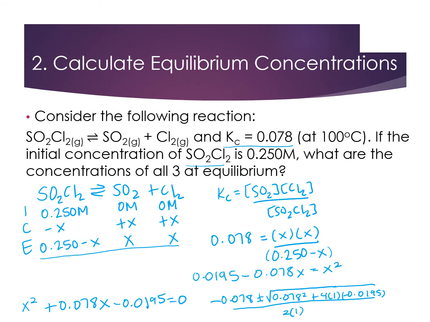When I solve, I get x equals 0.106 or negative 0.184. Well, we know it cannot be negative, so my x value is 0.106. So then my concentration of SO2 at equilibrium is 0.106.